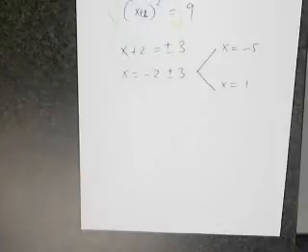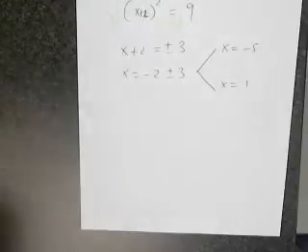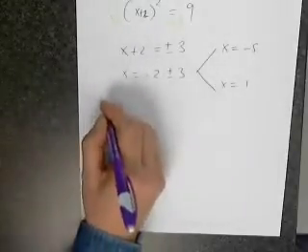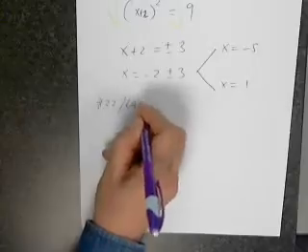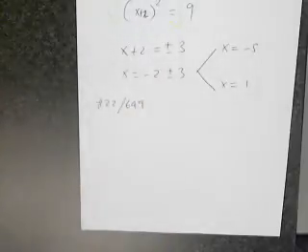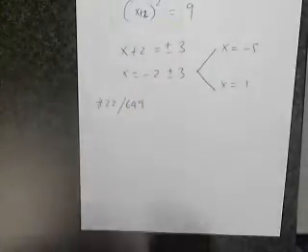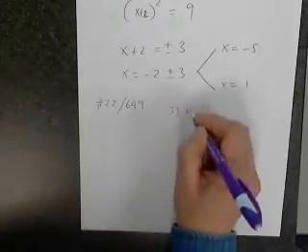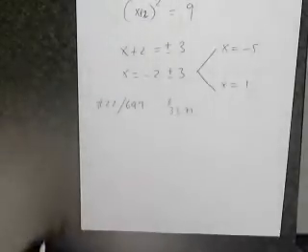Okay. At a seasonal clearance sale, Nana spent $33.75. I'm looking at problem 22 on page 649. So she spent $33.75.